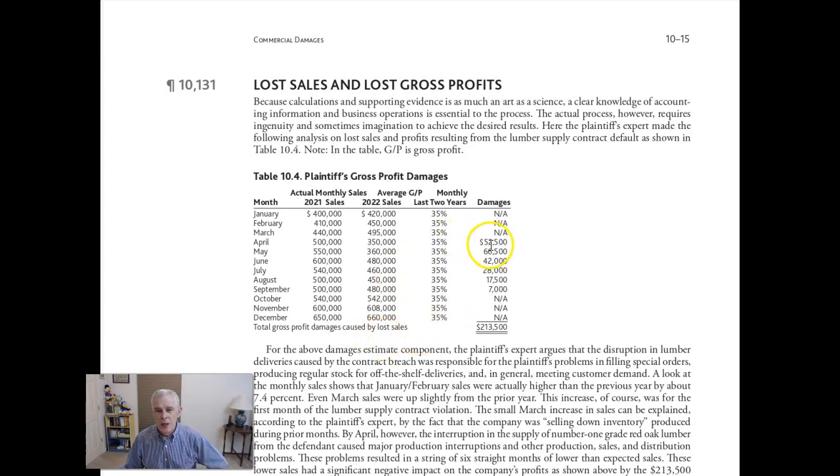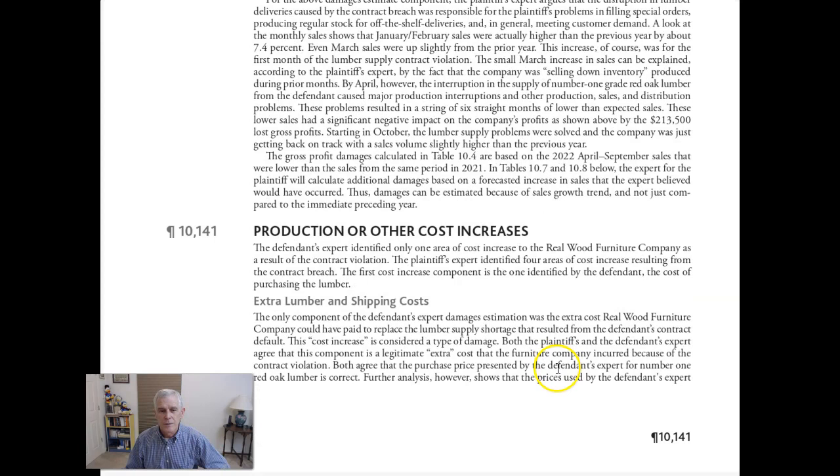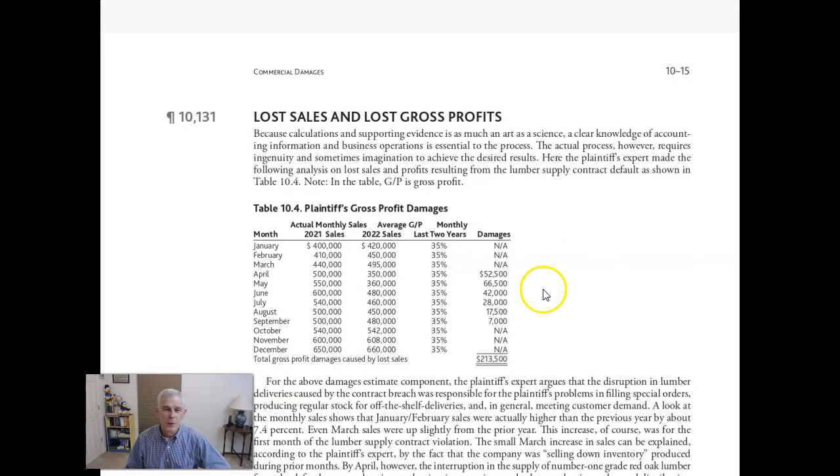So we have damages each of these months where the damage year sales were less than the previous year. Take that times the typical average gross profit, 35%. Here are the damages, so we're going to start here, $213,500. We're not going to stop here though. We're going to get into other costs, so make sure you read through this. It's a very good example.